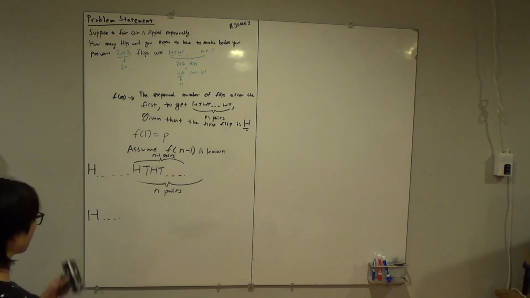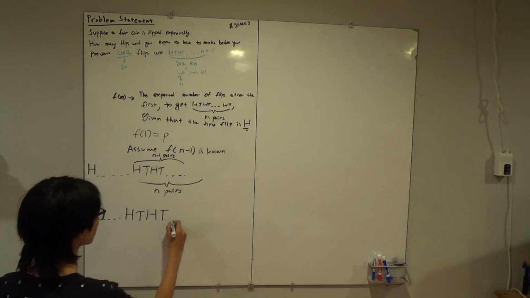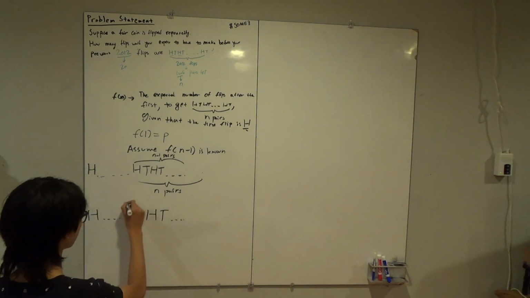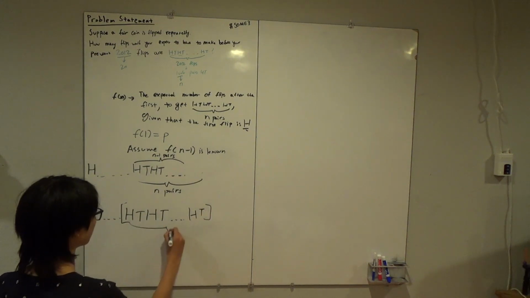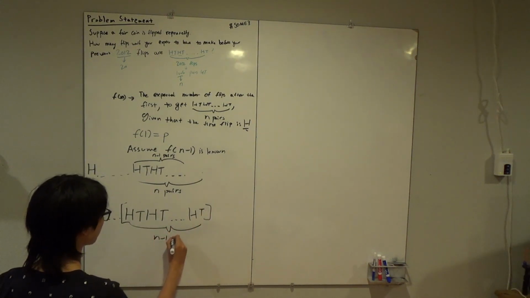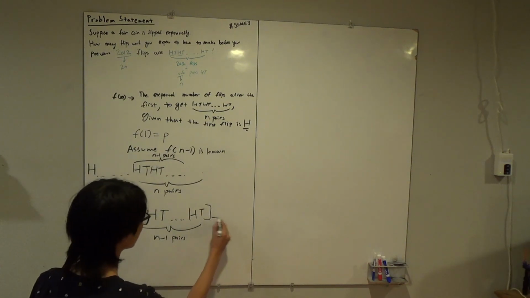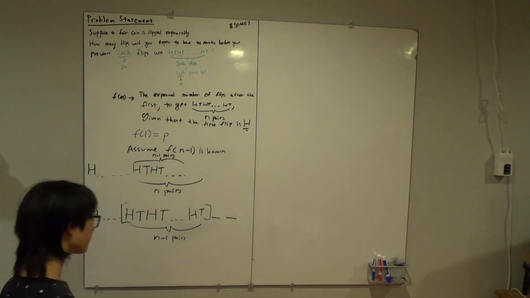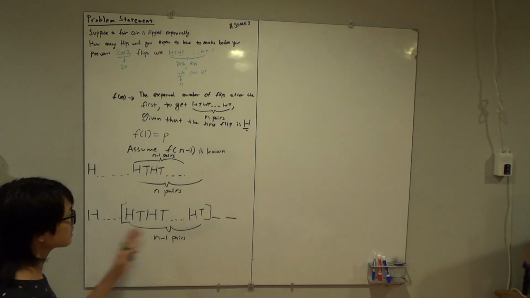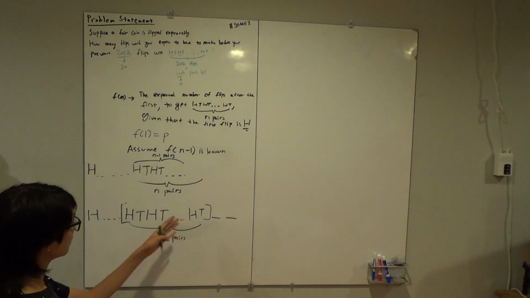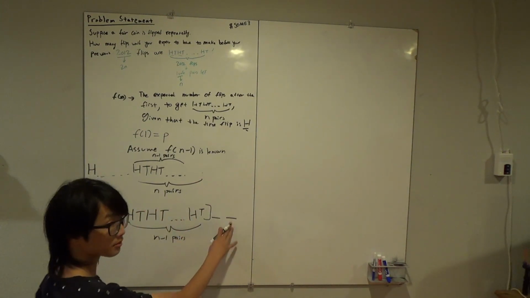Consider a set of flips that have reached the n minus 1 state. So the state would be here, and here there would be n minus 1 pairs. Now let's look at the next two flips. For this to be a successful sequence, these two have to be heads and tails respectively.